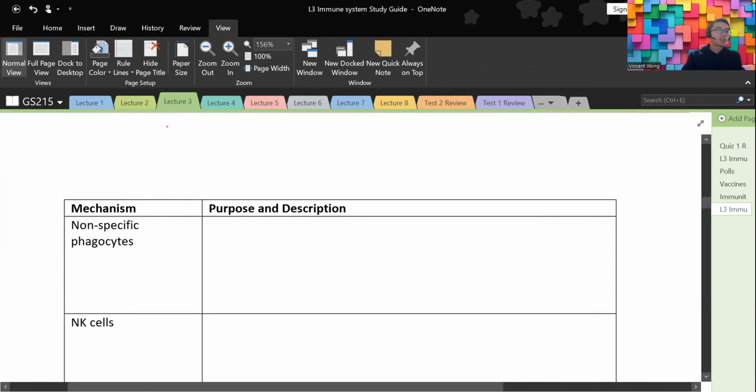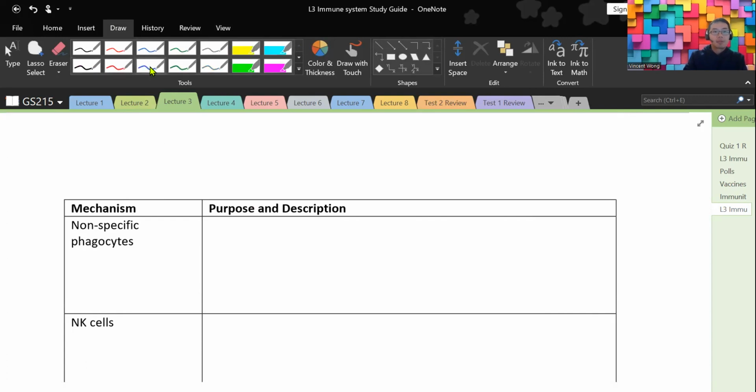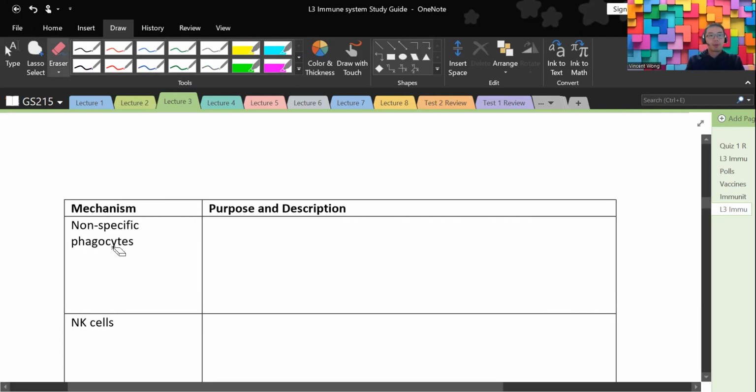Non-specific phagocytes. Okay, non-specific phagocytes. So these include things such as neutrophils and macrophages. And the purpose of the non-specific phagocytes is to engulf, right? To eat up any cells that display foreign antigen.